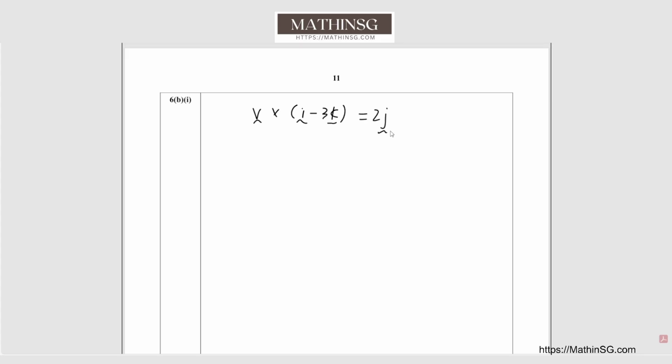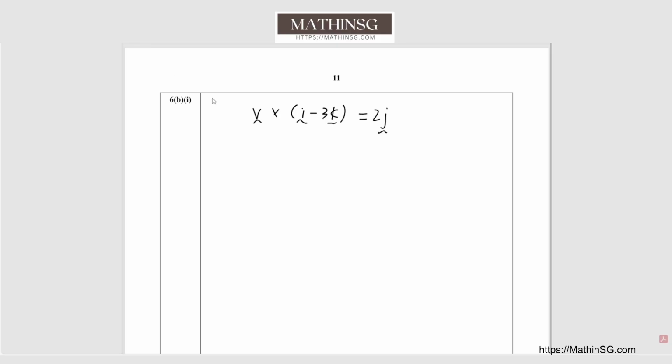Remember I say we like 0, because once we have something equal to 0, it is easier for us to come up with a relationship. So how do we make one side 0? Remember, in order for cross product to be 0, what does it mean? It could mean that when I cross two vectors together, they are parallel to each other.